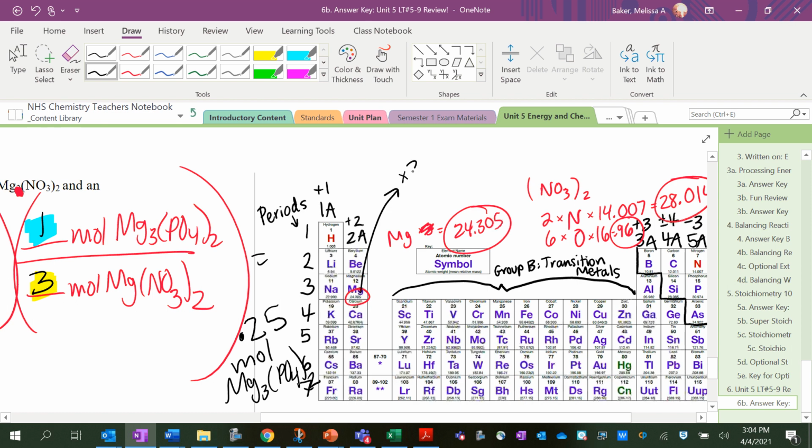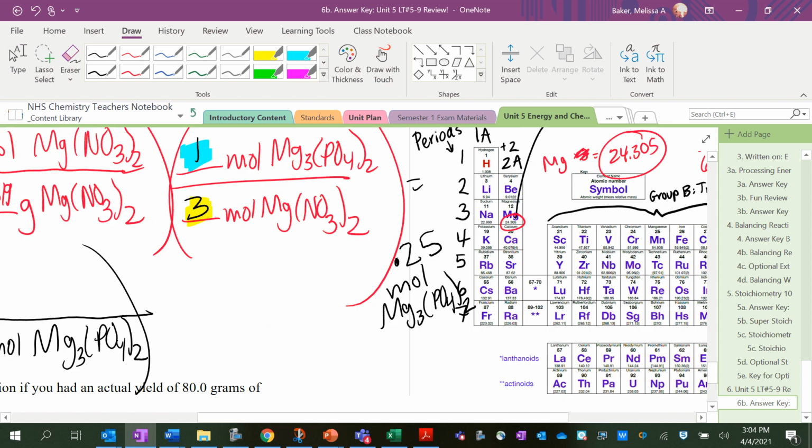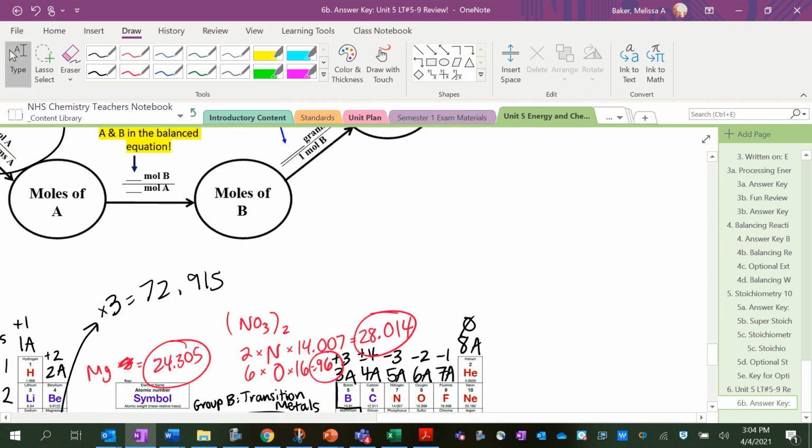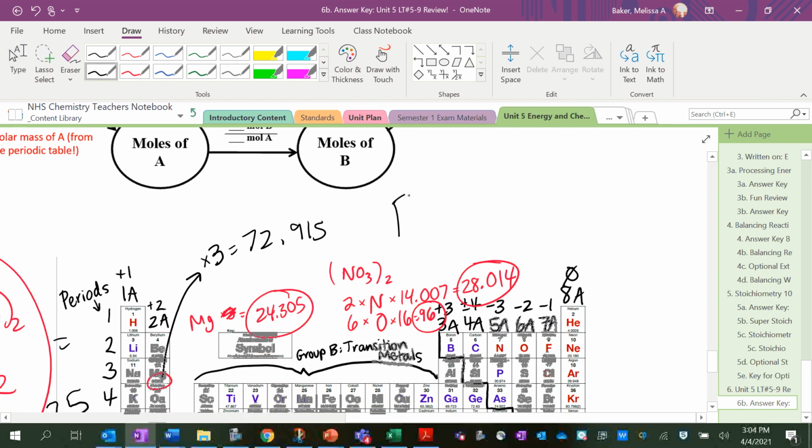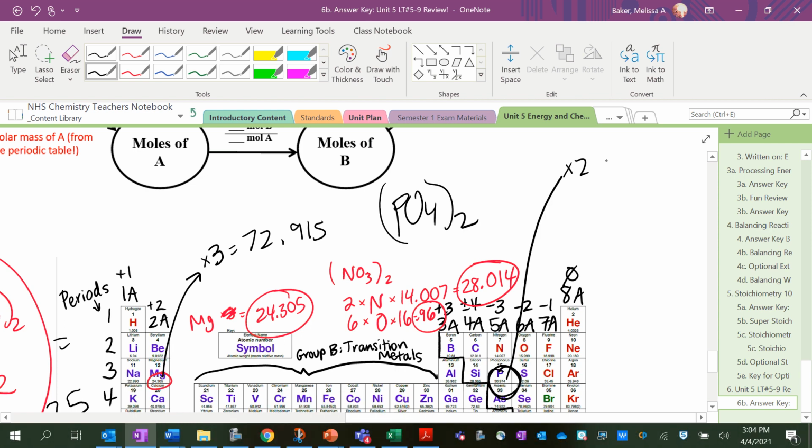Okay, so I'm doing this in black. Mg times 3, so 24.305 times 3, that's 72.915, and then it's PO42. PO42, that's 2 P's, so that's right here, times 2.